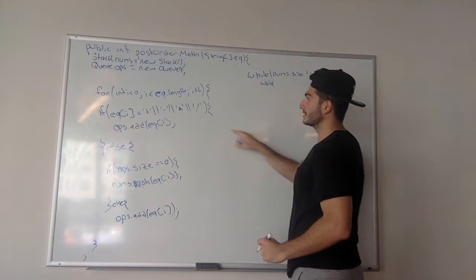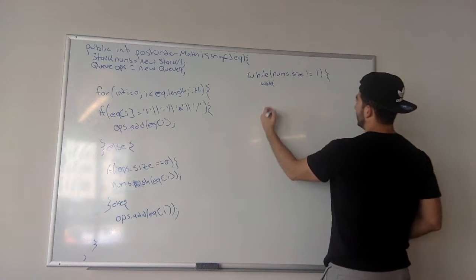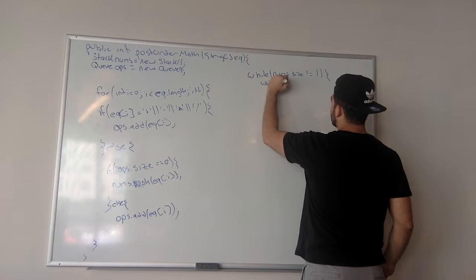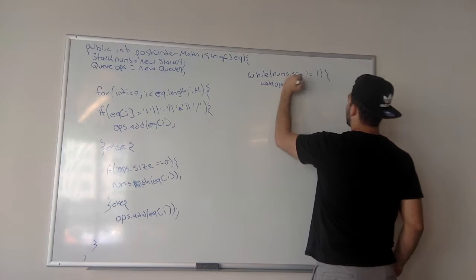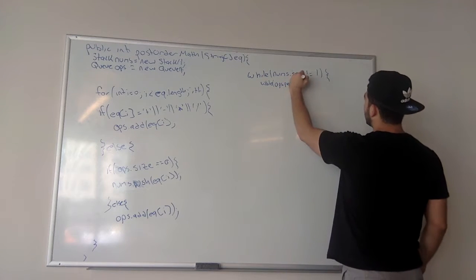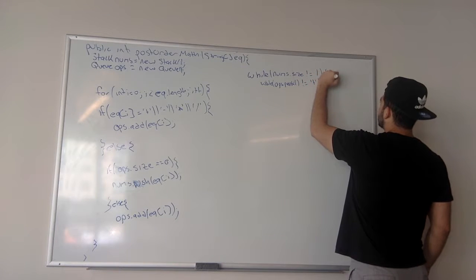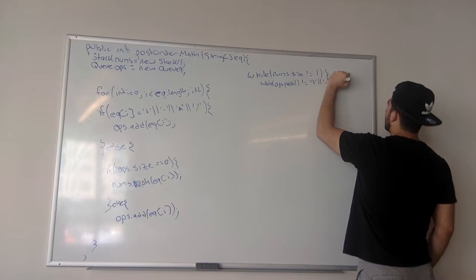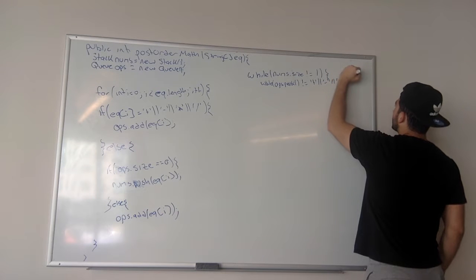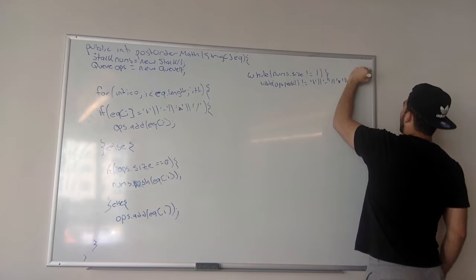And it's going to be similar to this conditional statement. So while ops.peek, which will look at the top of the queue, is not equal to plus or minus or the multiplication operator or the division one.